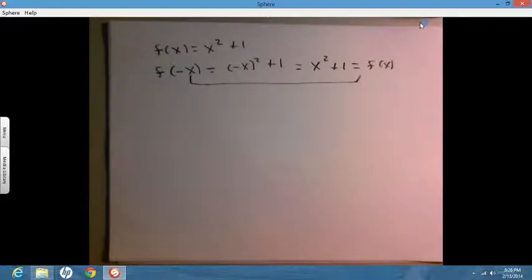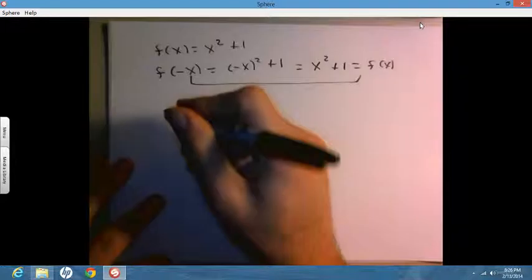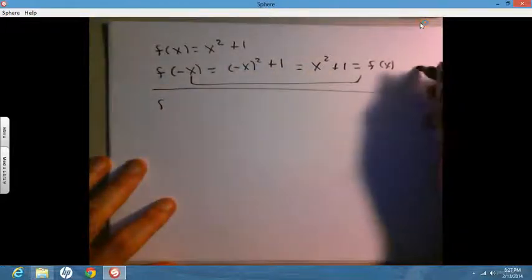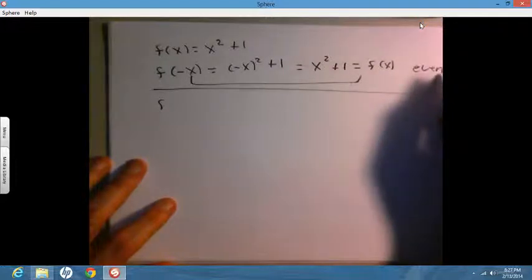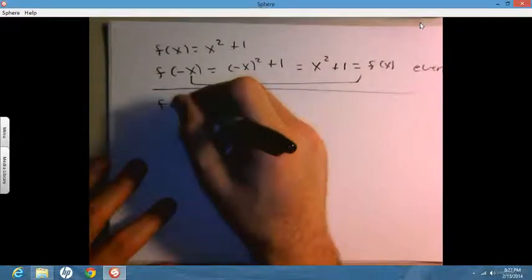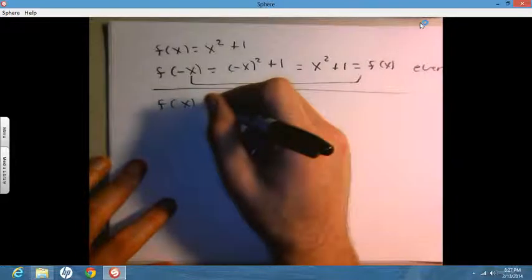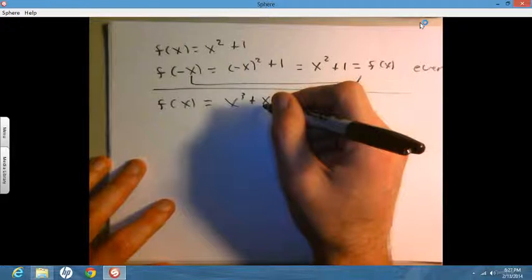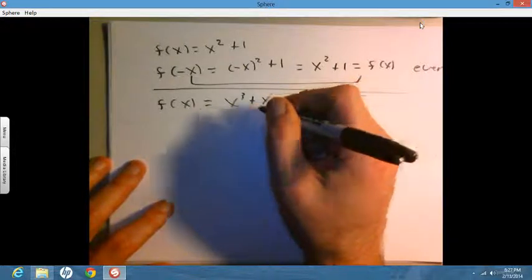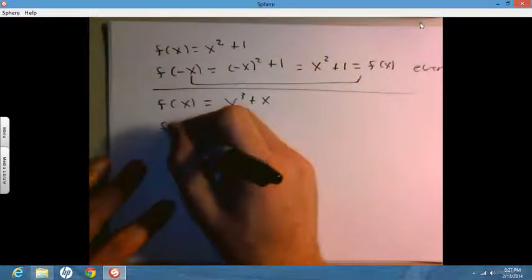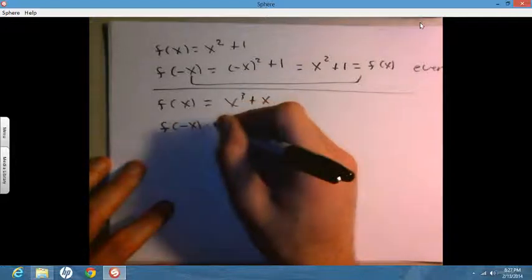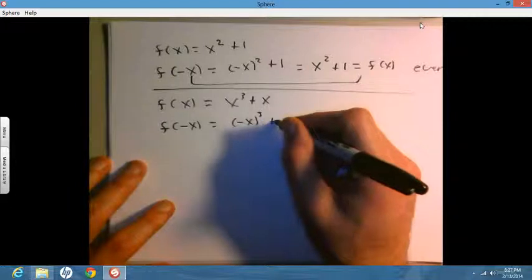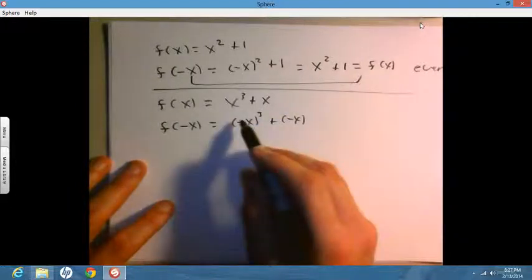But what about an odd function? The odd function we had was f of x equals x cubed plus x, right? Well, let's see, we have f of negative x equals negative x cubed plus negative x. All I did was replace all the x's by negative x's up here.